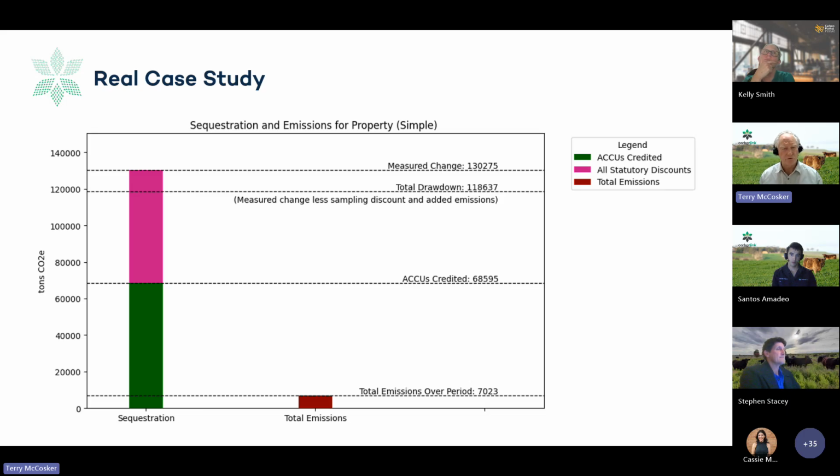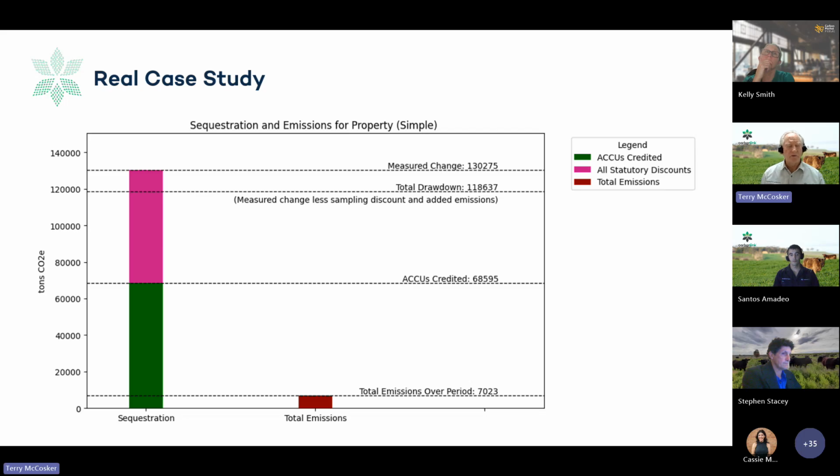So that's what we call total drawdown. So you can see there that there's 118,000 tonnes of carbon dioxide that's actually been drawn down here over a 5-year period. Only 68,000 of that has actually been credited.